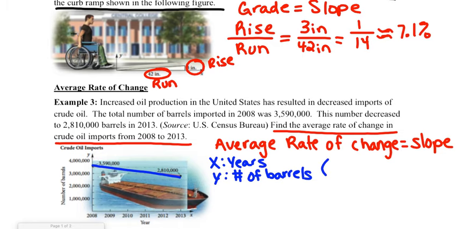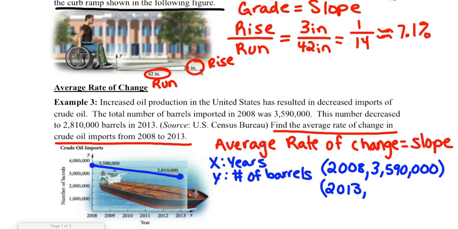So looking at these two ordered pairs that they were giving us here and here, 2008 is going to be the year, for the barrels being 3,590,000. My second ordered pair has a year of 2013, with the number of barrels being 2,810,000. So we would go ahead and find the slope with these two ordered pairs.